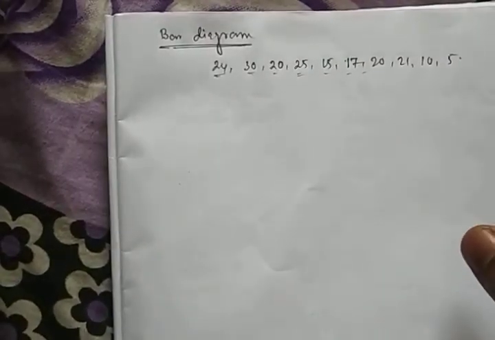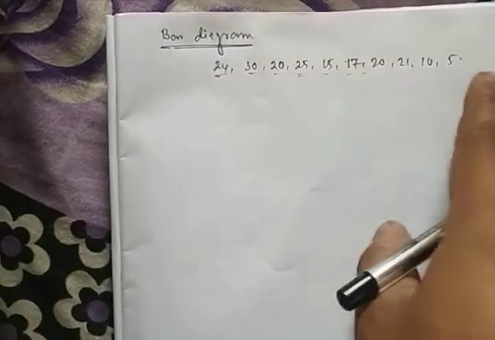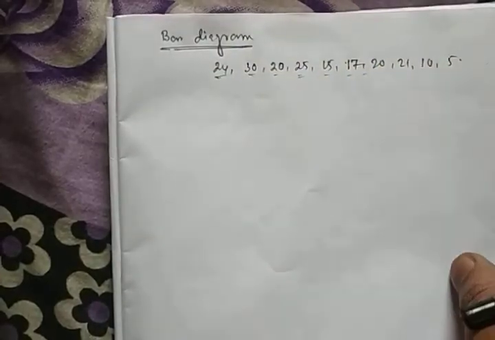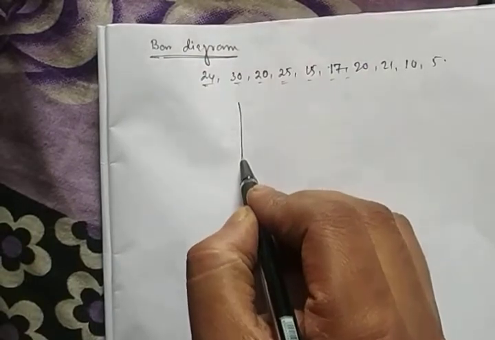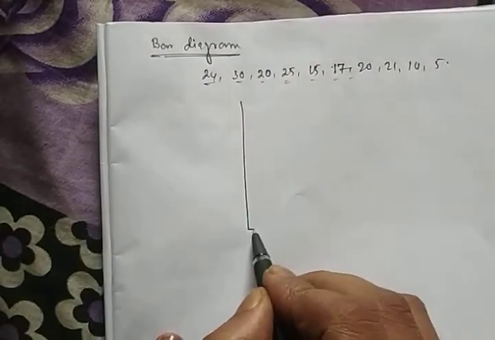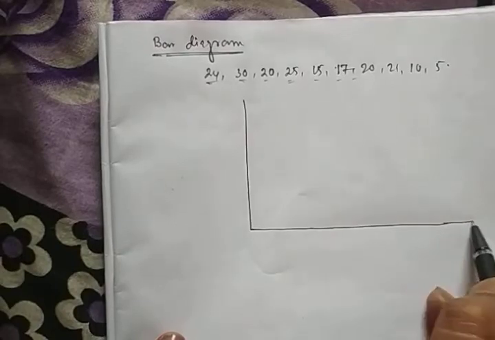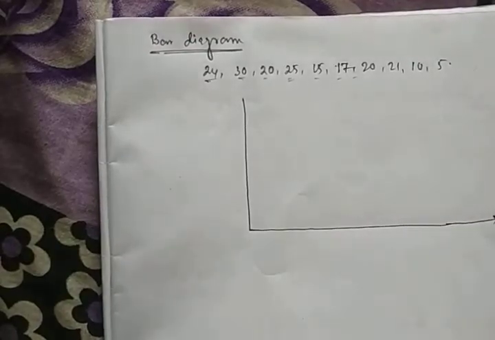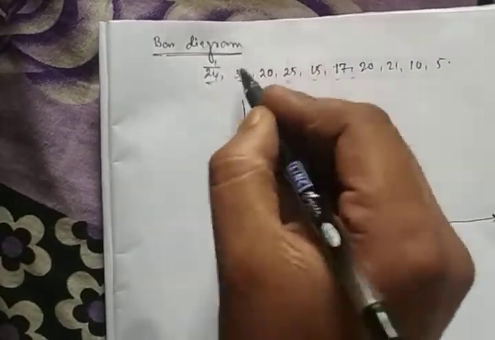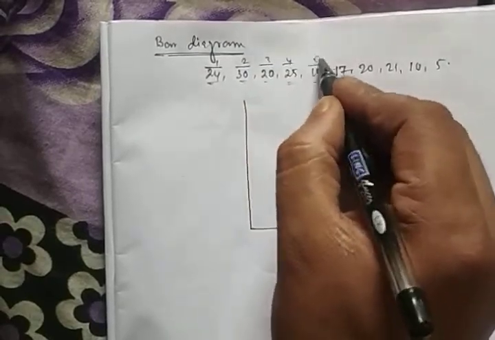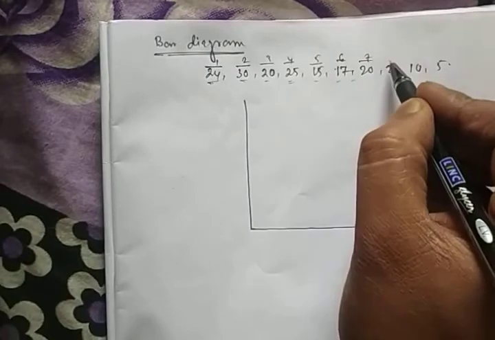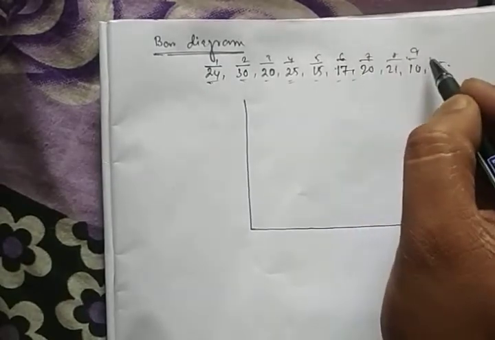So how to set the bar diagram corresponding to this non-frequency distribution? We will set two directions. One direction represents the category. So this is observation 1, this is observation 2, 3, 4, 5, 6, 7, 8, 9, 10.